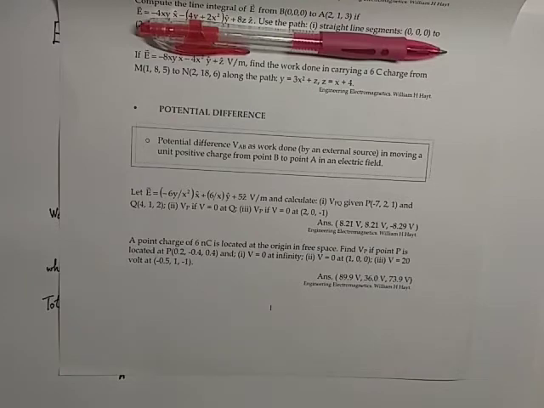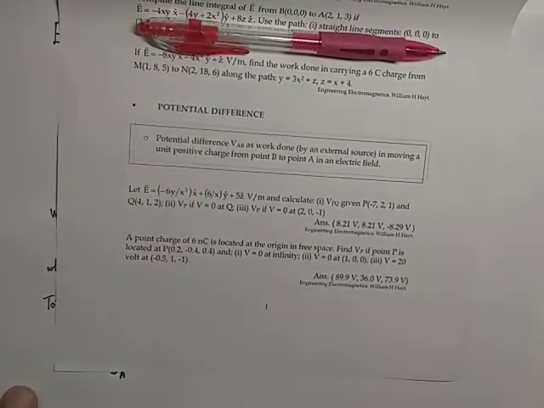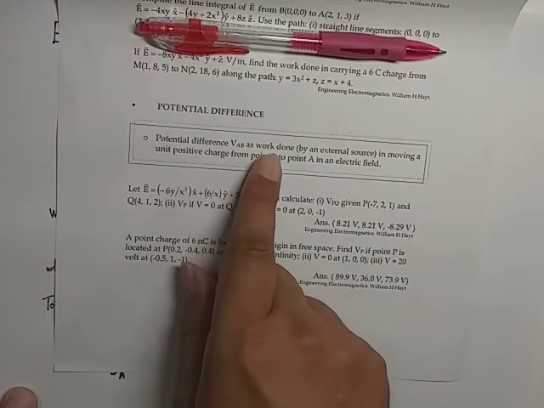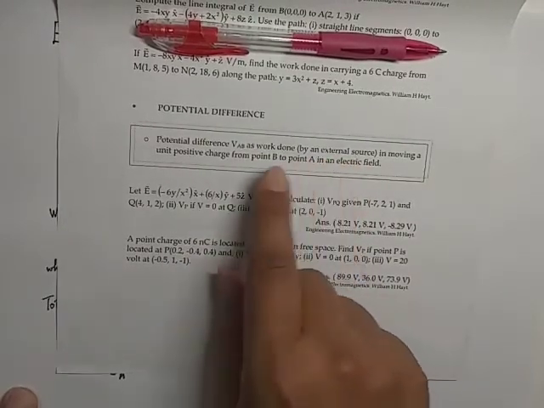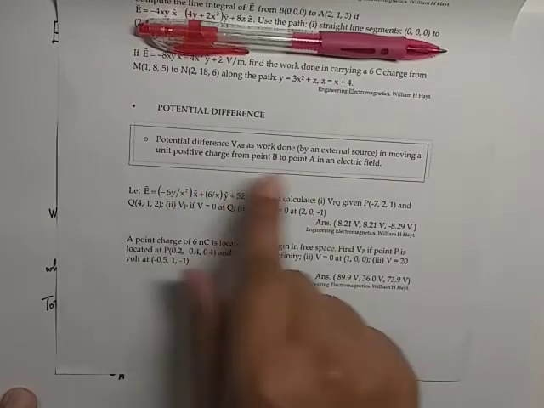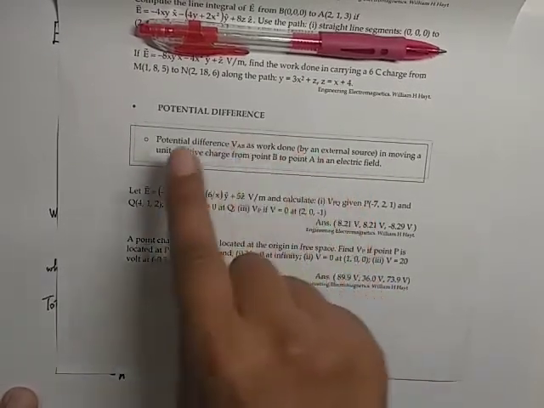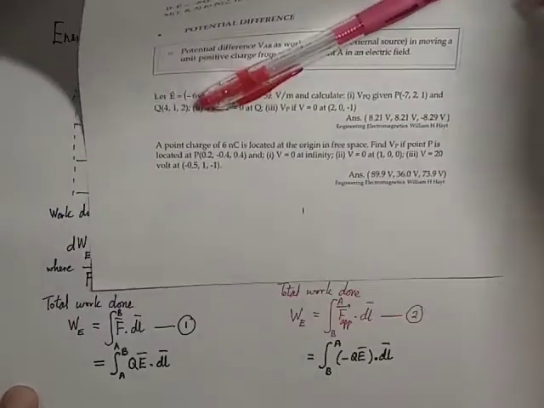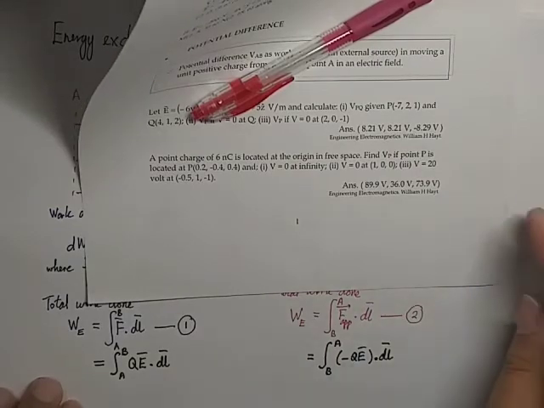Let's read together what it says. It says here, potential difference, VAB, is work done by an external source. From the first part of the sentence, which equation is this more relevant to, equation number 1 or number 2?